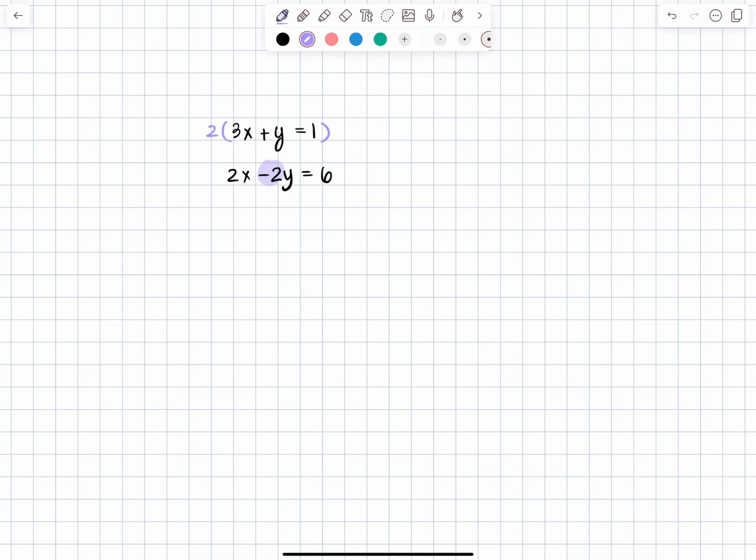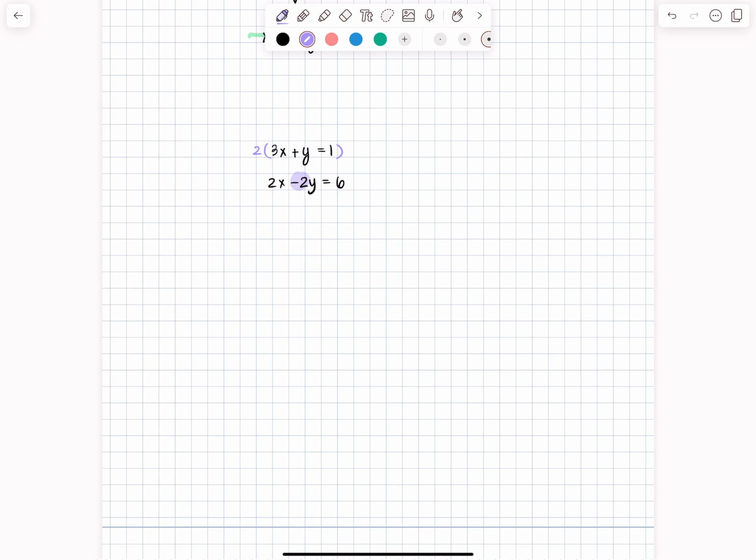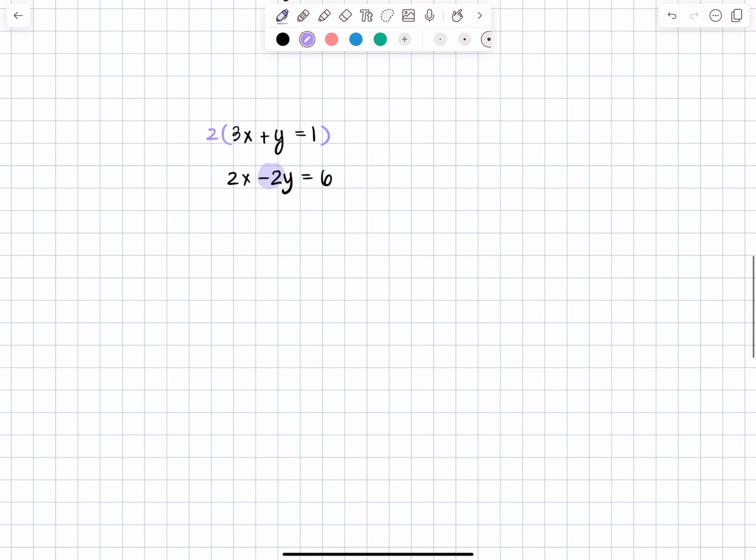So when we multiply this whole thing by 2, remember we have to multiply the right side of our equation as well. So we would get 6x plus 2y equals 2. And you just move this one over. So 2x minus 2y equals 6. Oops, remember, this has to be 2. You can't just leave it as 1.